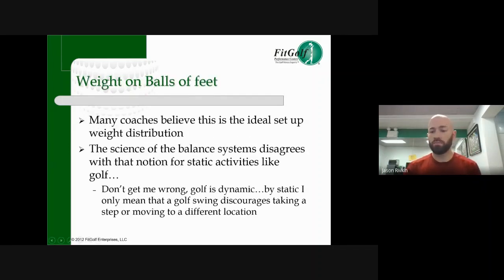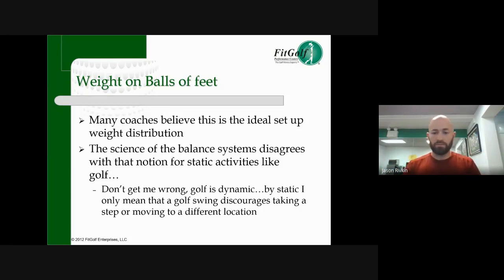All right, so let me give you guys another poll. This is going to be really interesting. What do you guys instruct? You could just type this in the chat box or speak out loud. What do you instruct in terms of where you want your students' pressure to be at address? Whether it be balls of the feet, back on the heels, or midfoot.